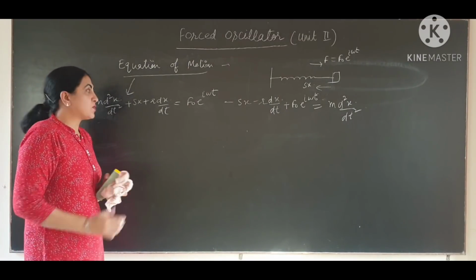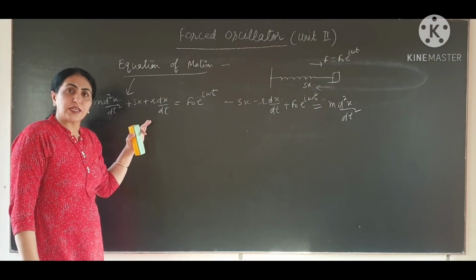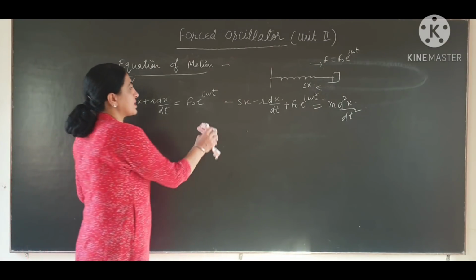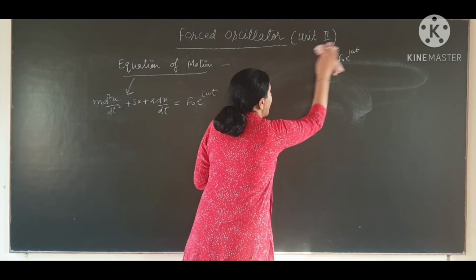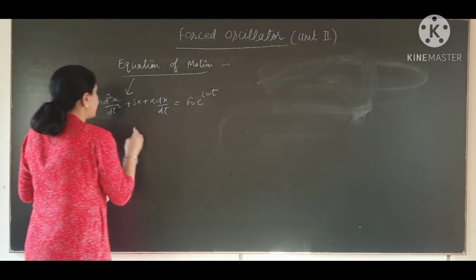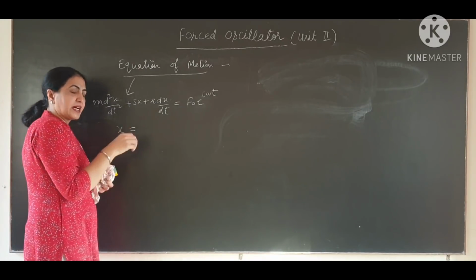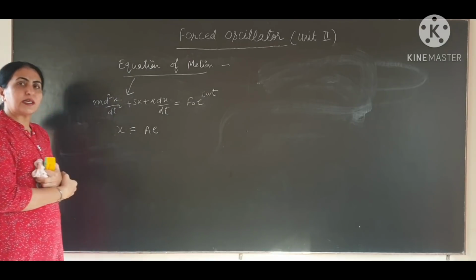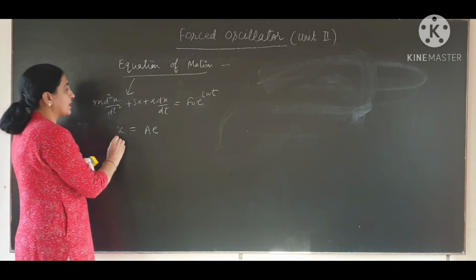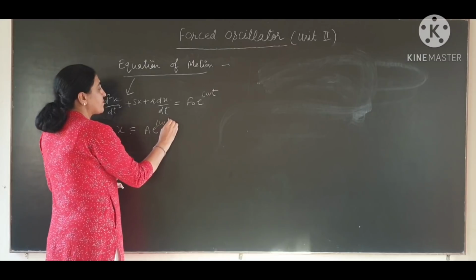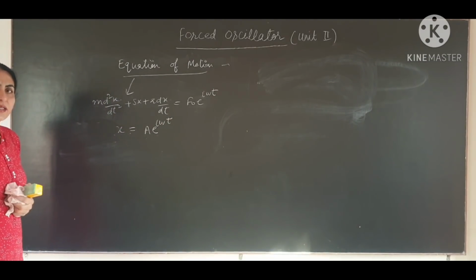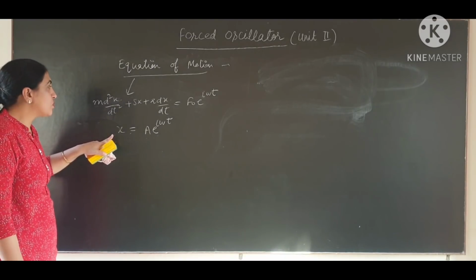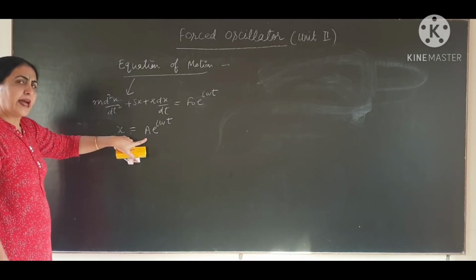Now our aim is to find the solution of this equation. How can we find it? As we supposed in the previous articles, suppose the solution is x is equal to a e raised to the power iota omega t, where a is any constant.